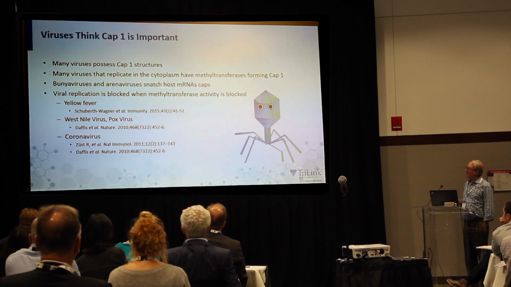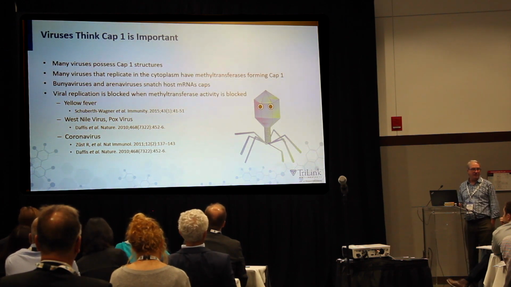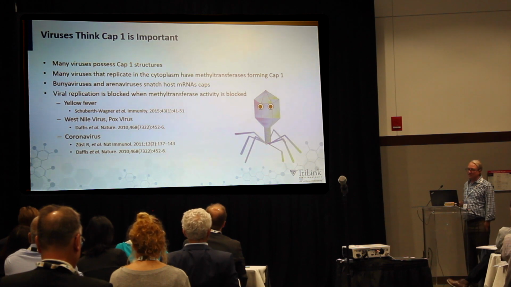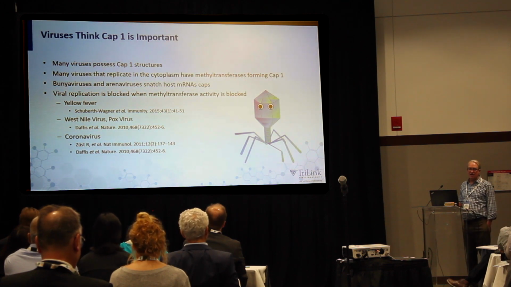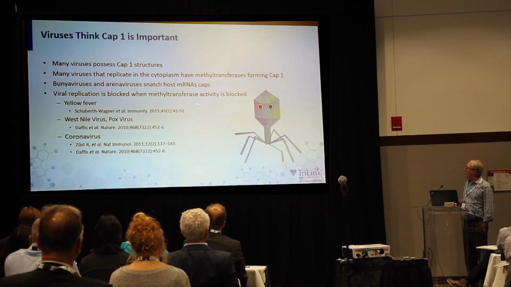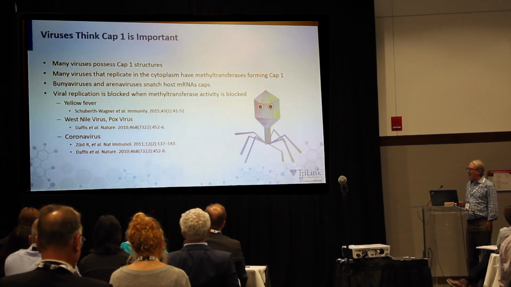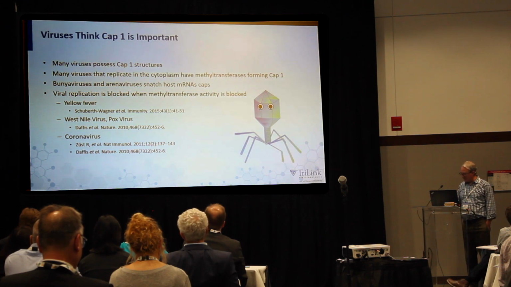There are certain viruses that actually steal the caps off of eukaryotic messages and splice them onto their own messages to achieve cap1 structures. When you block the methyltransferase activity of many RNA viruses in the cytoplasm, blocking the formation of cap1 leads to attenuation of that virus. So all of this suggests that the capping state of the mRNA is important and that viruses have gotten smart to this.